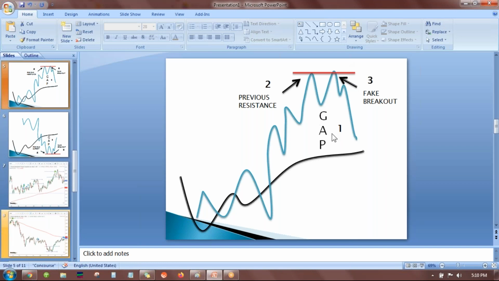First, look at number 1: it is a gap. There should be a gap between the exponential moving average and the price. Here is a huge gap, because we are talking about a reversal strategy. The larger the gap, the more profitable the trade would be. So the first point to look at is the gap between the exponential moving average and the price.